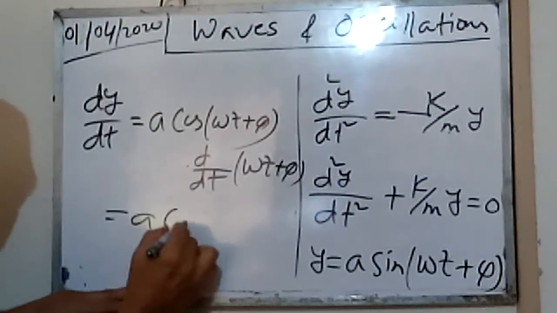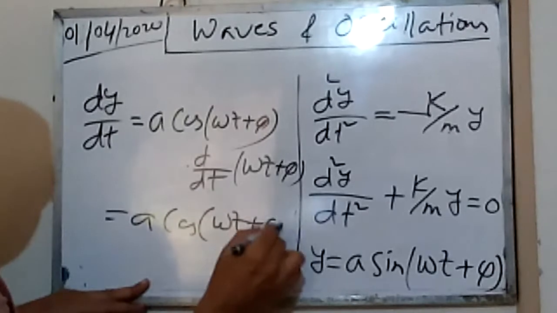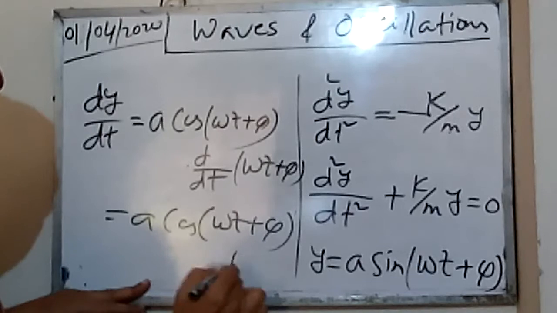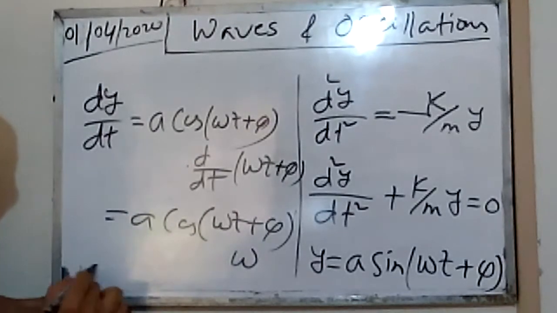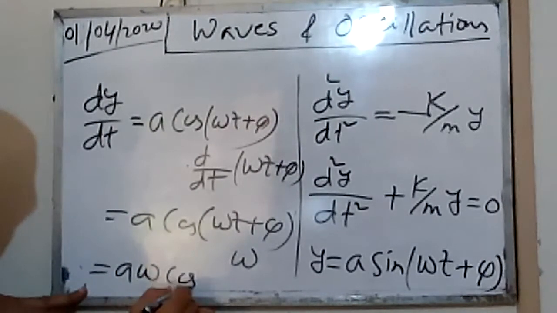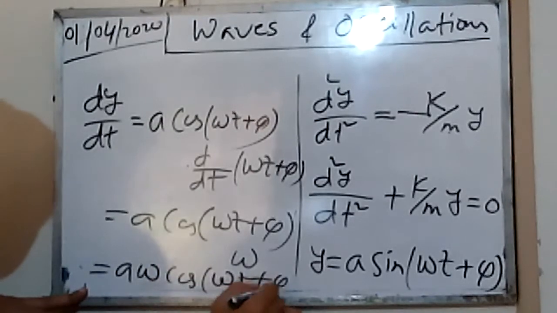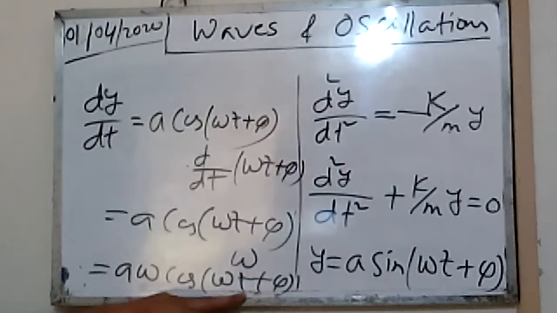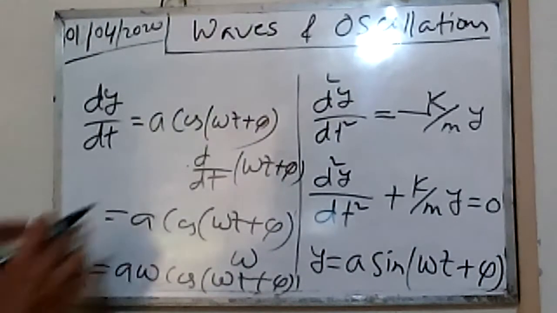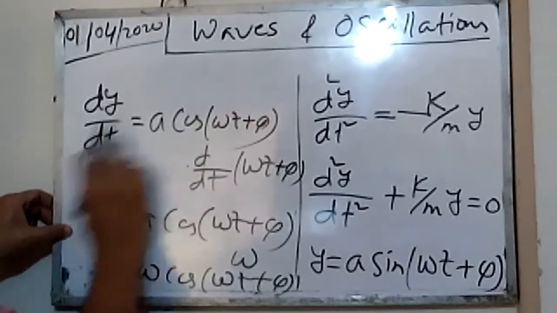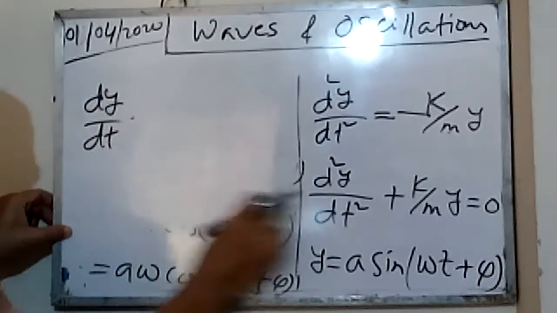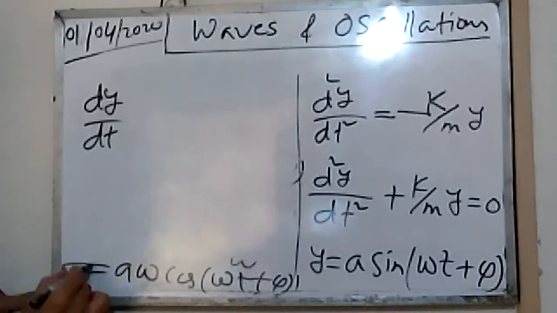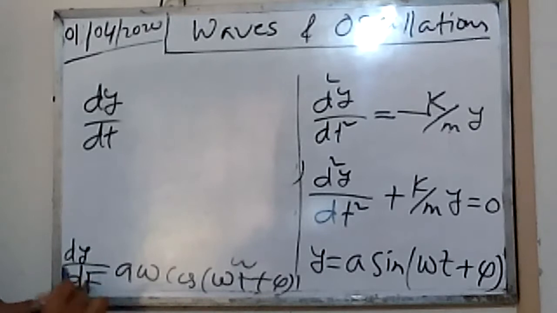Therefore finally we got cos omega t plus phi times, from this equation we will get only omega. dy by dt equal to a omega cos omega t plus phi.